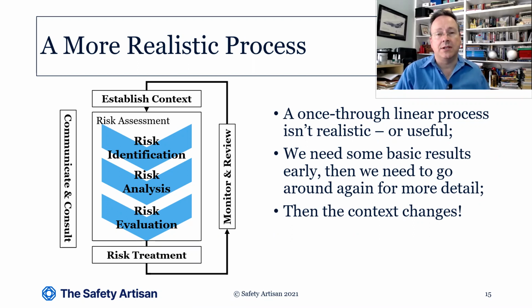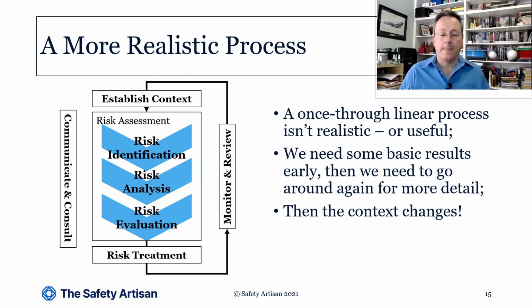Again, we may have to consult the public, people that we put at risk, other duty holders who hold a duty to manage risk. So that's our cycle. That's more realistic. In my experience as a safety engineer, this is much more realistic. A once through process often just doesn't cut it.